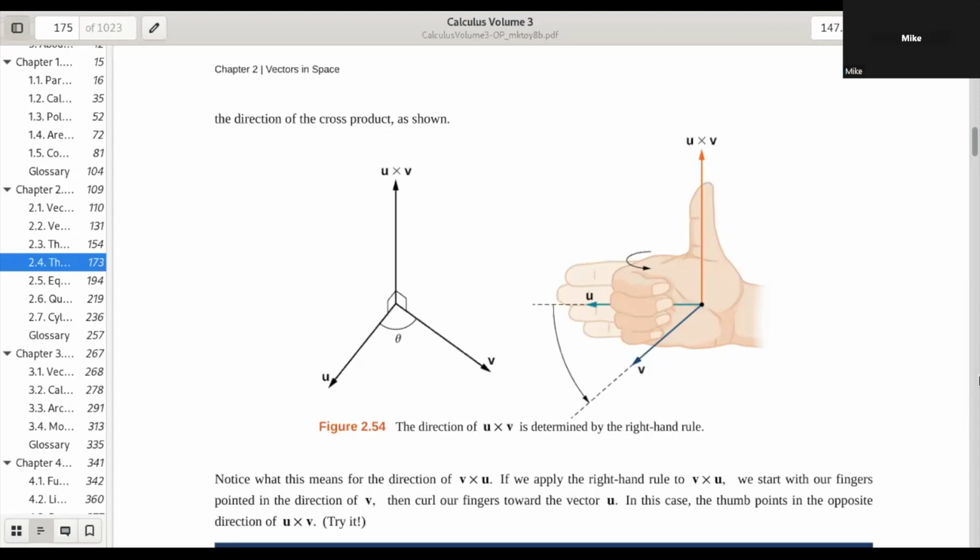So tingnan mo from that figure, pag ginawa A cross B, ano direction? So, patong mo yung blade side nung right hand mo sa figure.